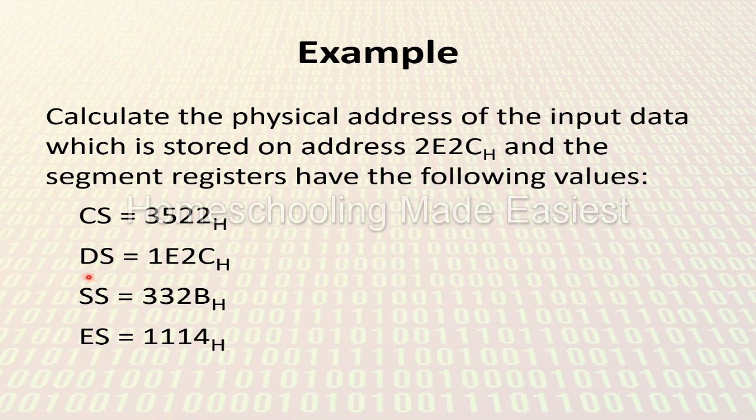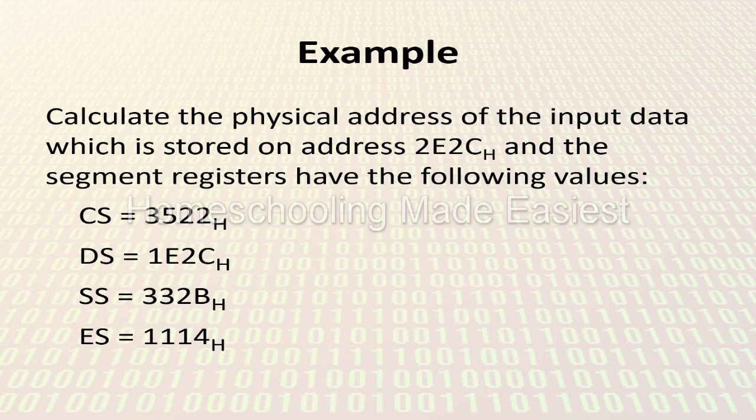The data segment register has the value 1E2C. The stack segment register has the value 332B, and the extra segment register has the value 1114. All are in hexadecimal format. So how do we solve this problem?